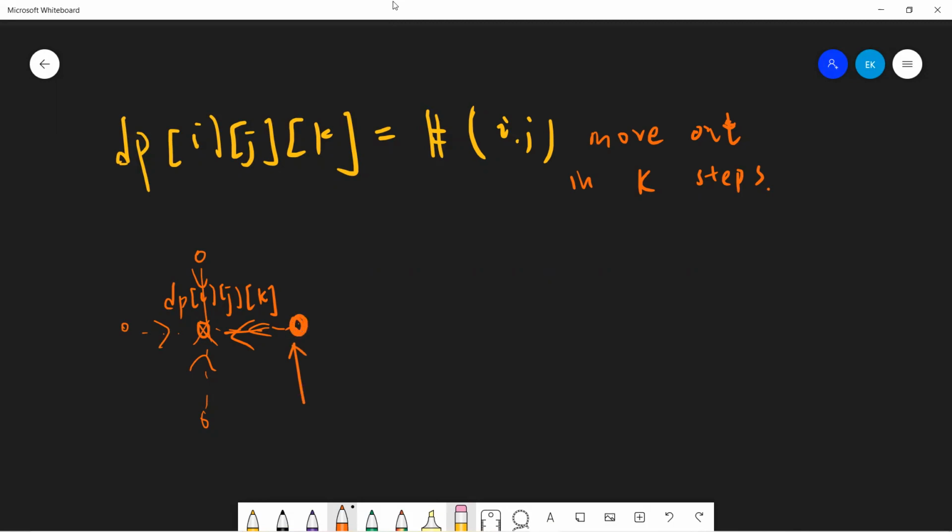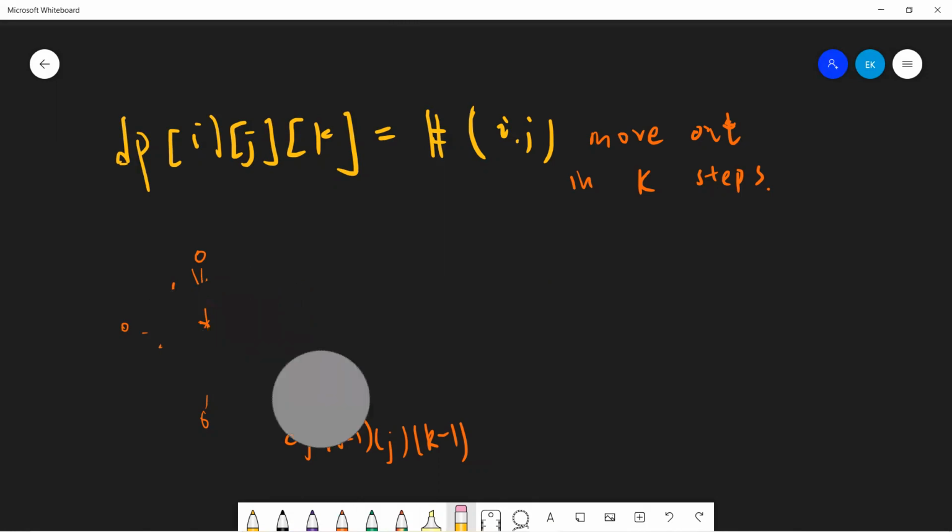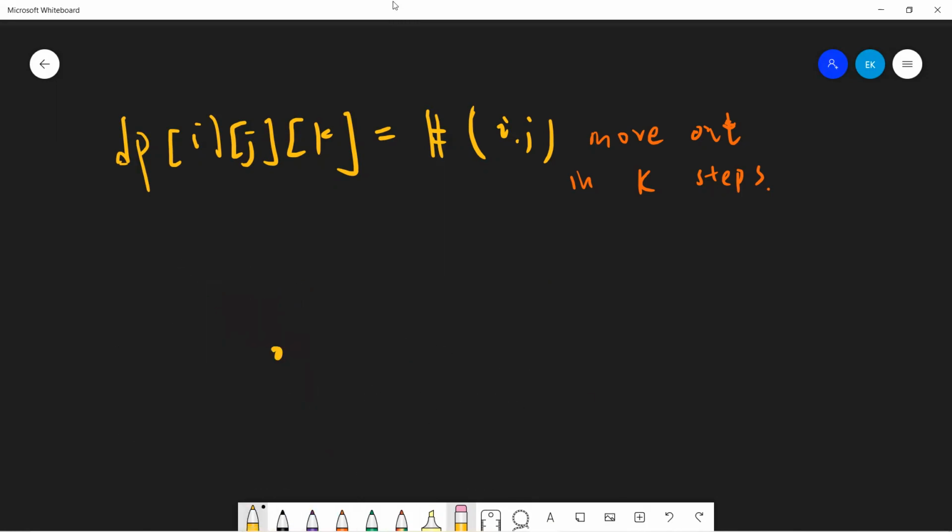Maybe this is not a good illustration. Suppose I want to compute this DP[i][j][k].